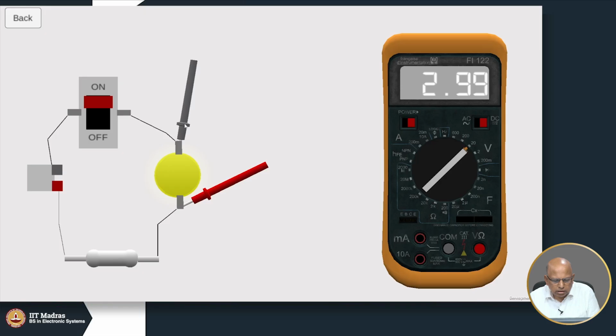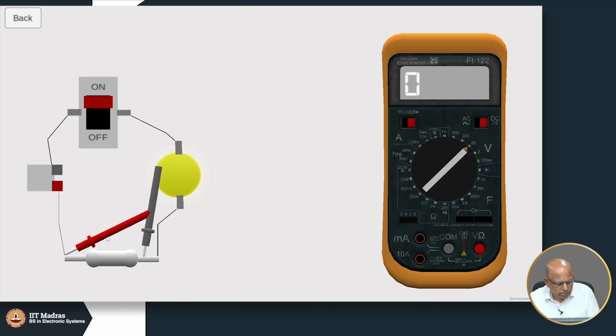If I move this, across the resistance I see 9 volts.